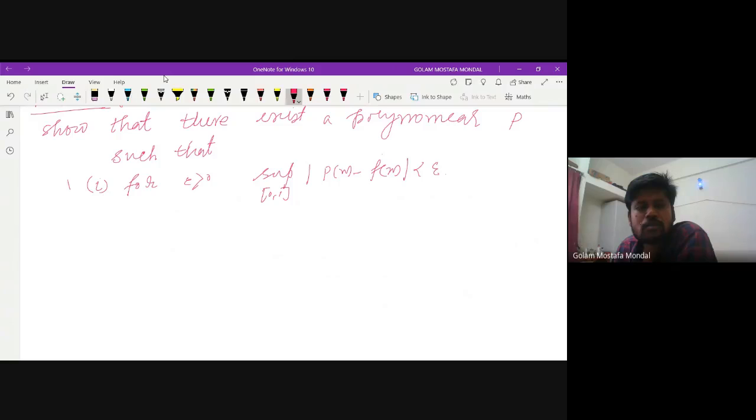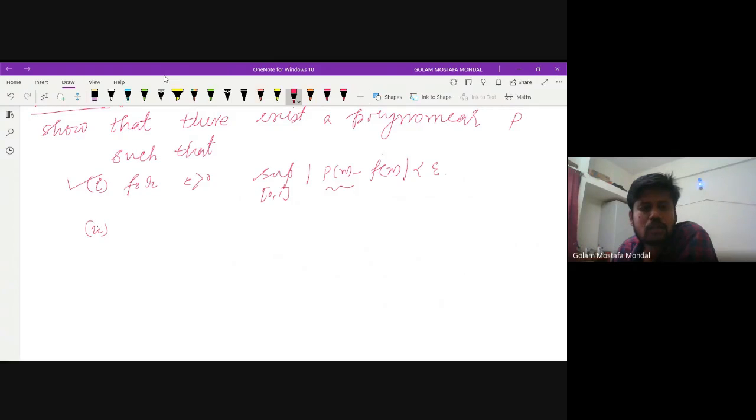So this is true. We can say that there exists a polynomial which satisfies this by Weierstrass approximation theorem. Such a polynomial exists.